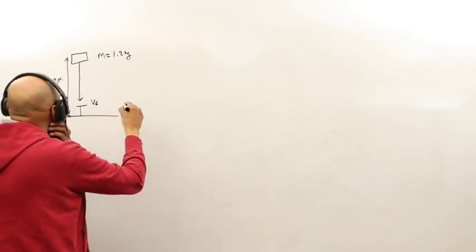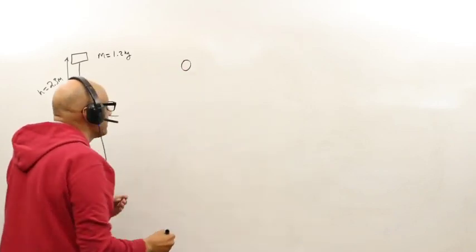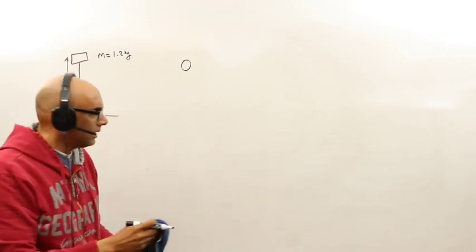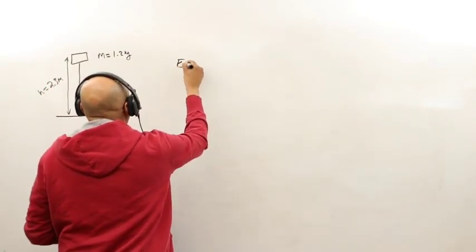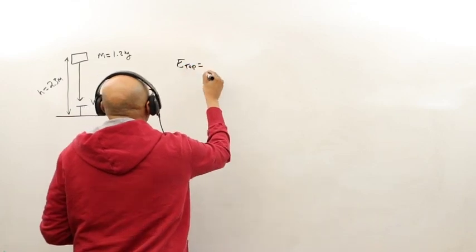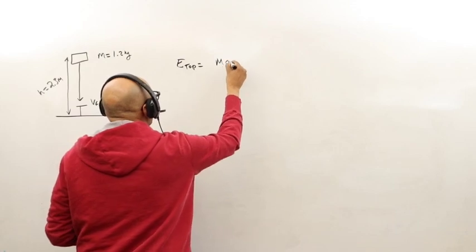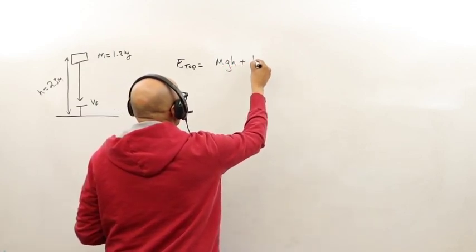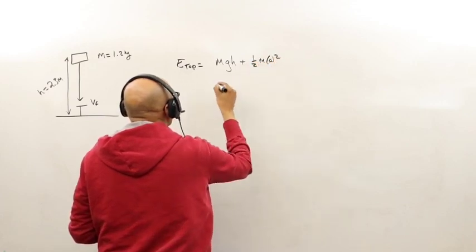So let's call the energy at the top E top. It's got potential energy, which is mgh, plus it has zero kinetic energy, so it's got 1/2 m 0 squared.